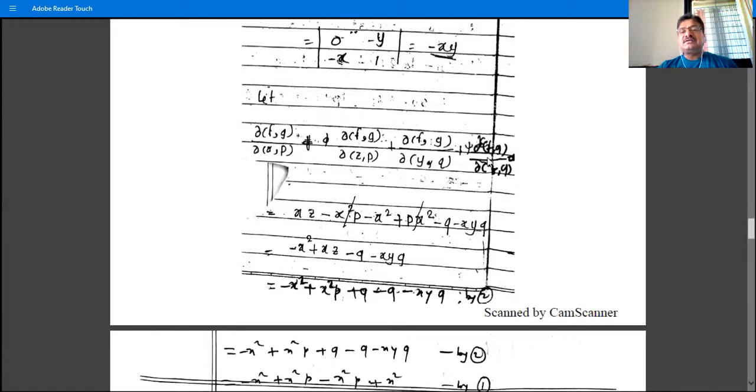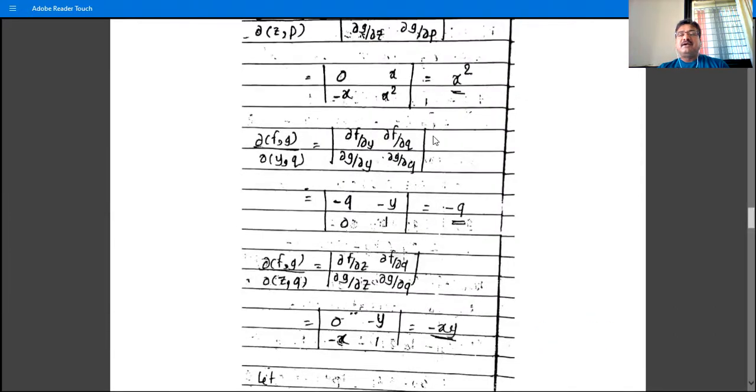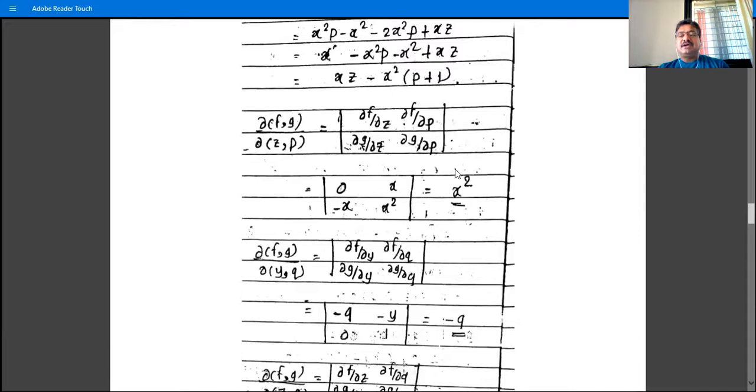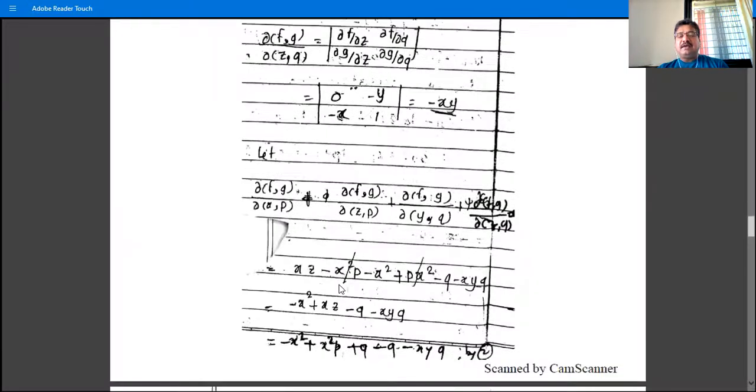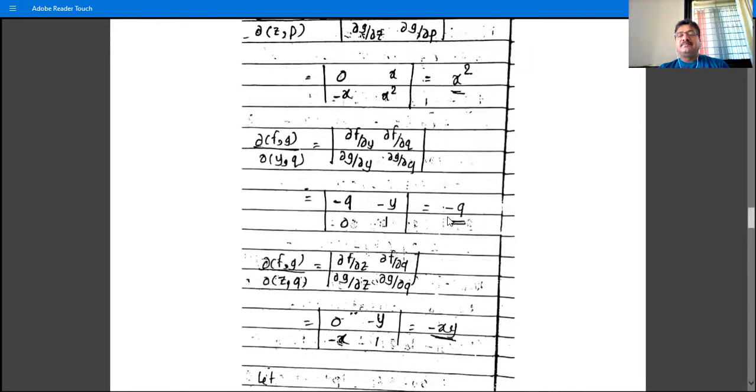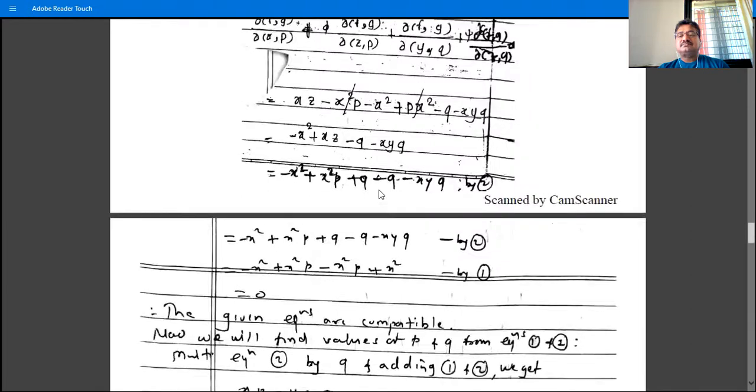So consider the LHS of that equation and substitute the values of this quantity xz minus p, right? This is p. ∂f/∂z, ∂p is x square. So p x square plus ∂f/∂y, ∂q is minus q.